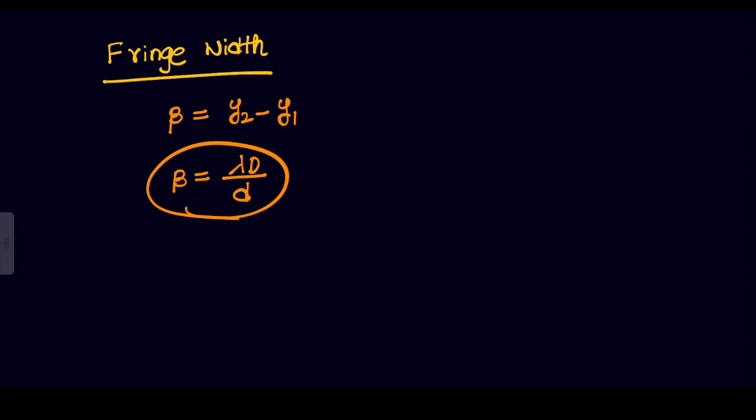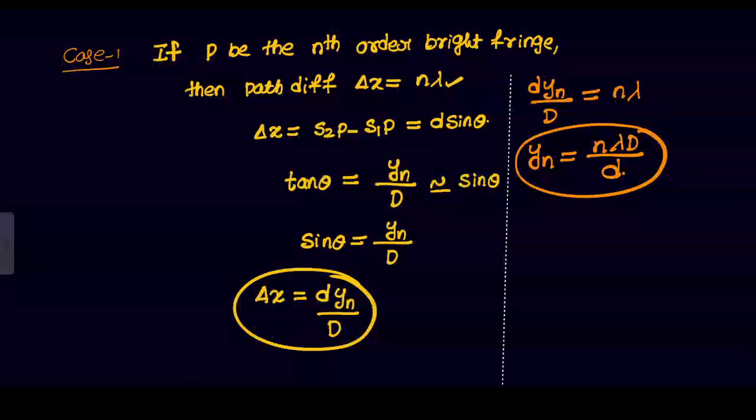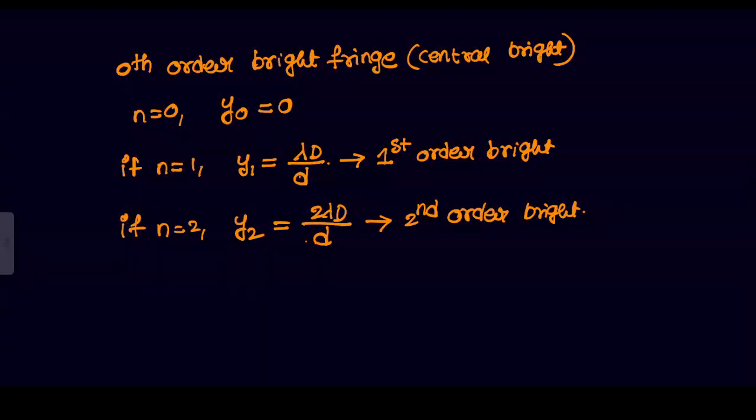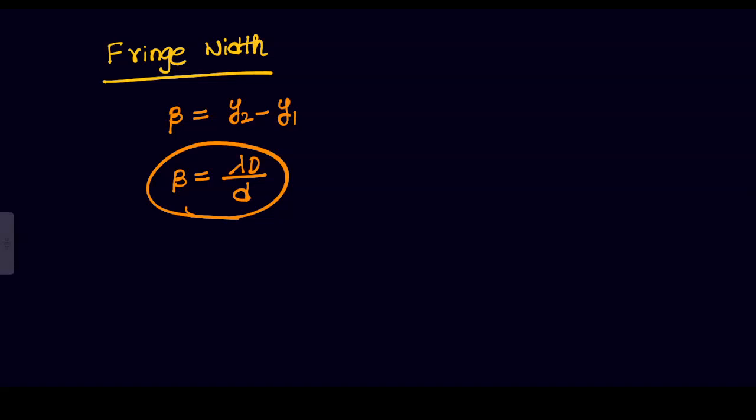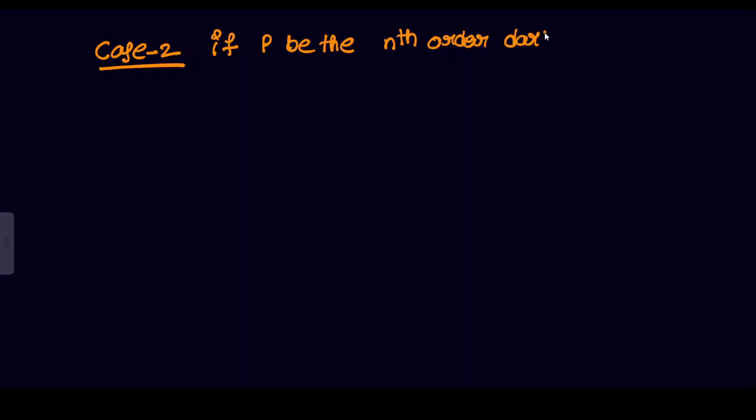Here we have seen the bright. At the point P, dark may also be formed. So in case 2, if P is the nth order dark, then how much will the path difference be to have a dark?